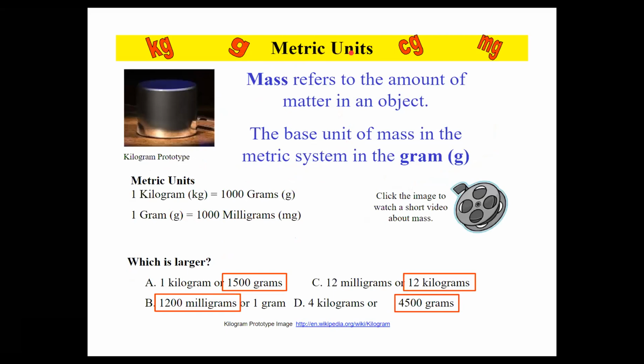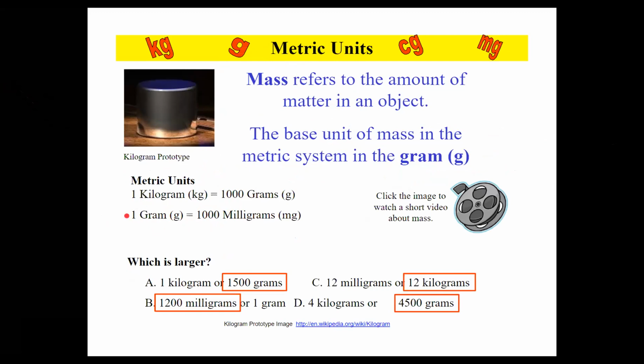So metric system, measuring things using mass, aka the weight of an object. And the base unit, as you may have determined already, is the gram. So again, super simple conversion between our different types of units. We have the gram as a base unit.